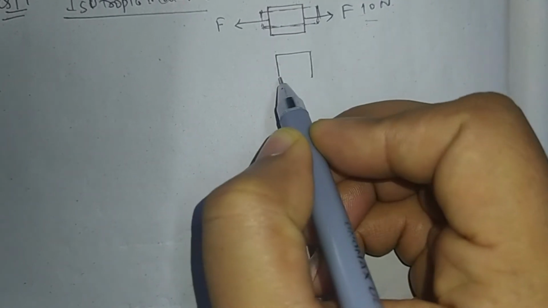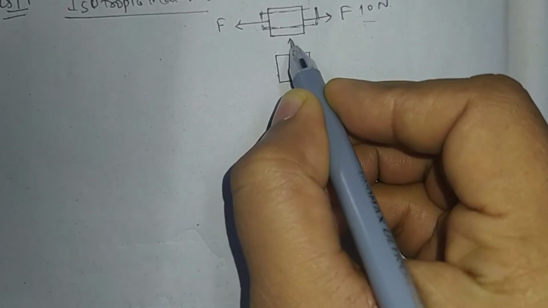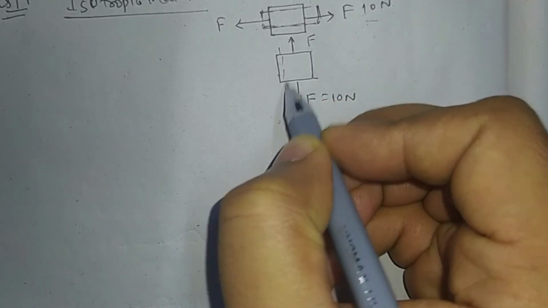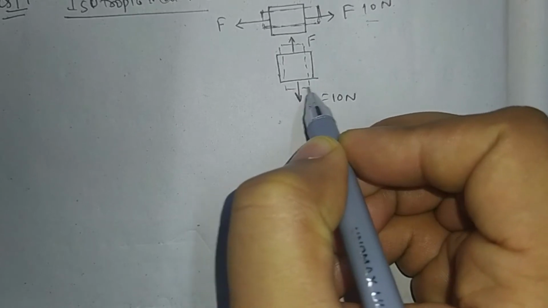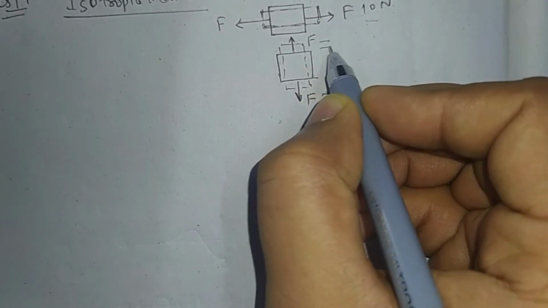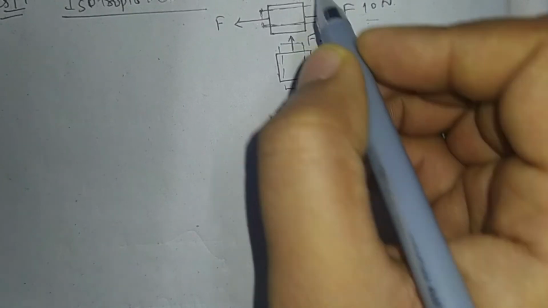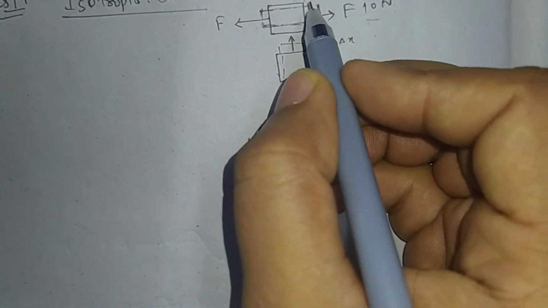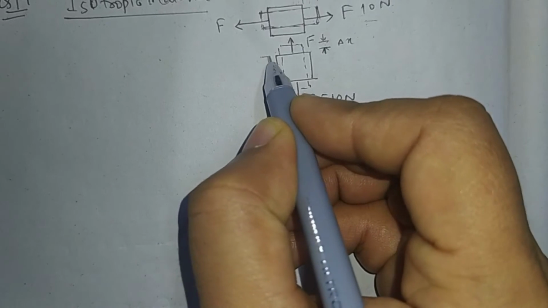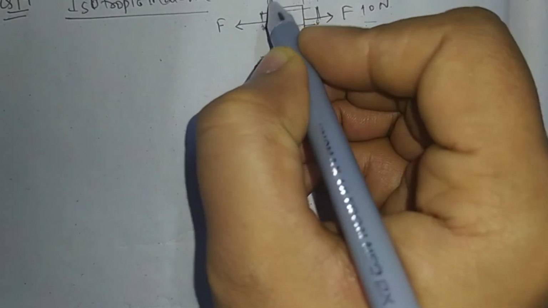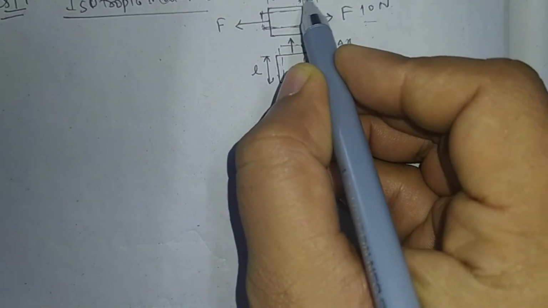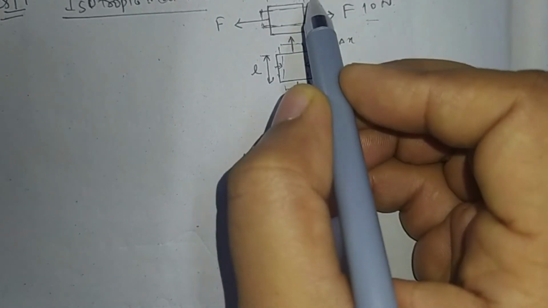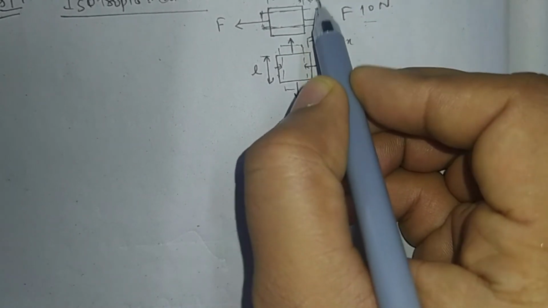Now, if we stretch the material in this direction by the same force of 10 Newton, we will see it will stretch by the same amount, delta x, as the strain will be the same if these dimensions, let's say this is L and this is also L. So the reduction in the transverse direction will be the same and the elongation will also be the same.